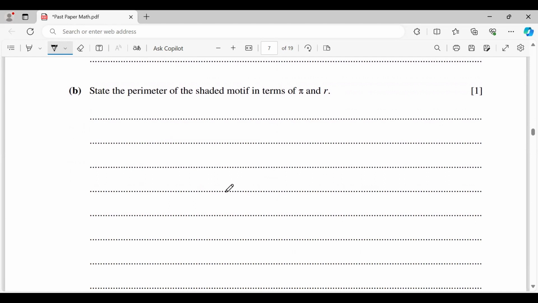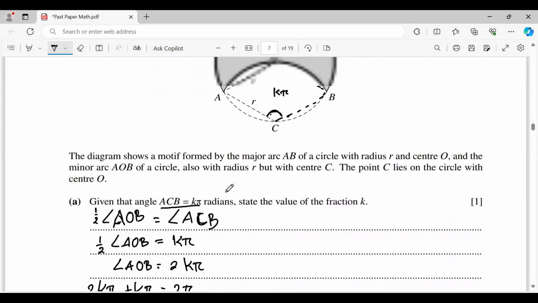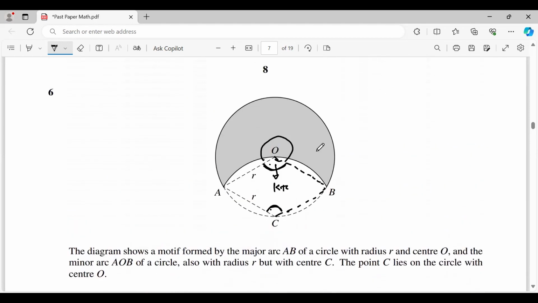Now D. State the perimeter of the shaded motif in terms of pi and r. Right. So we're going to find the perimeter.